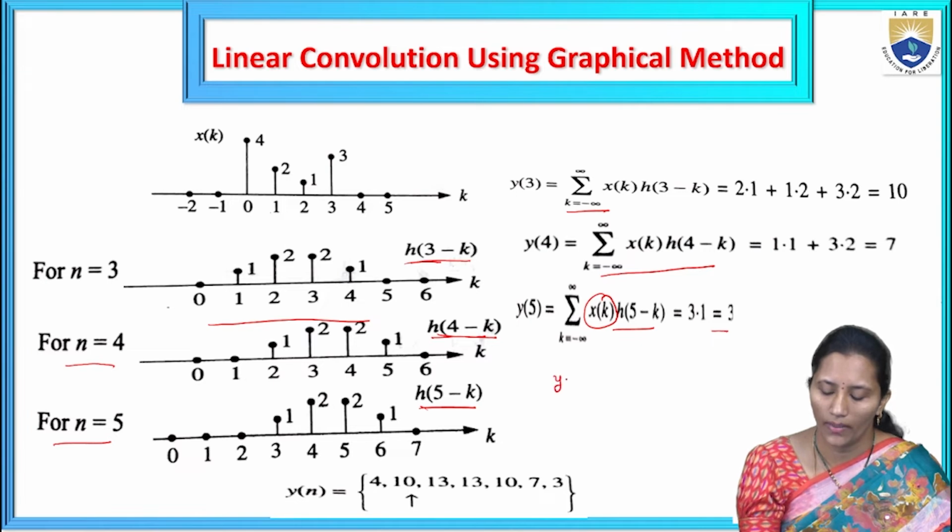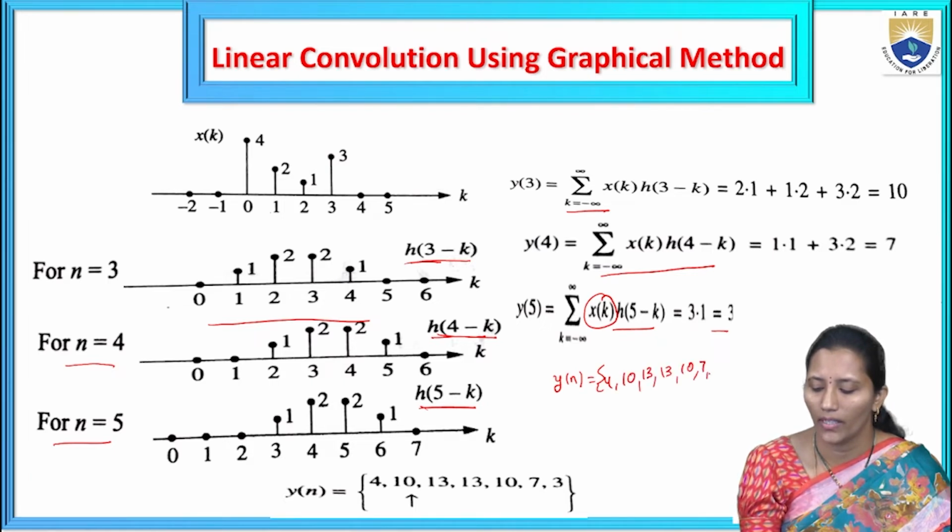So here for y of n, you will get the samples 4, 10, 13, 13, 10, 7, 3. But here we have to represent the starting index. The starting index of y of n is minus 1, then 0, 1, 2, 3, 4, 5.